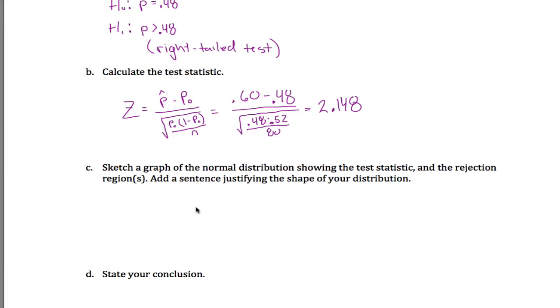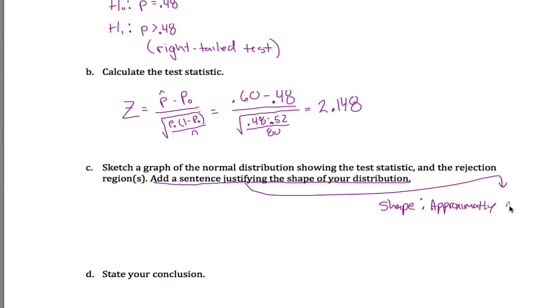Now it wants me to sketch a graph of the normal distribution showing this test statistic and the rejection region or regions, and a sentence justifying the shape of my distribution. I would say that the shape is approximately normal, because n times p naught times n times 1 minus p naught is greater than or equal to 10.